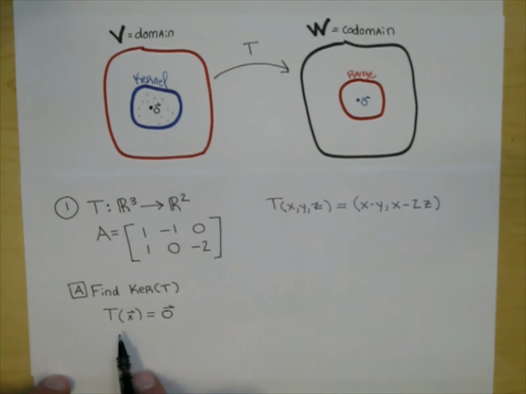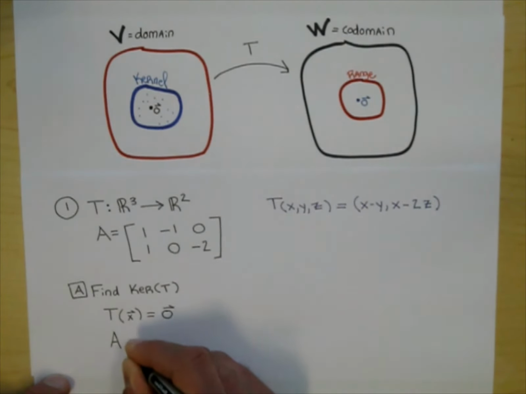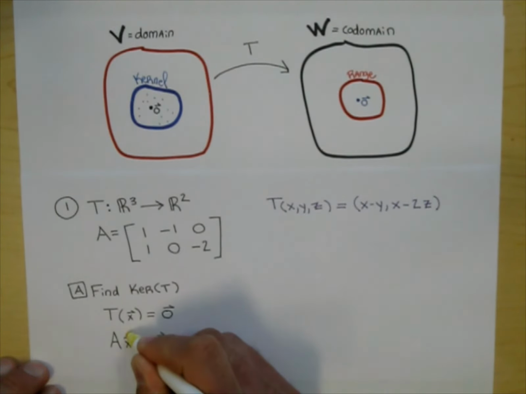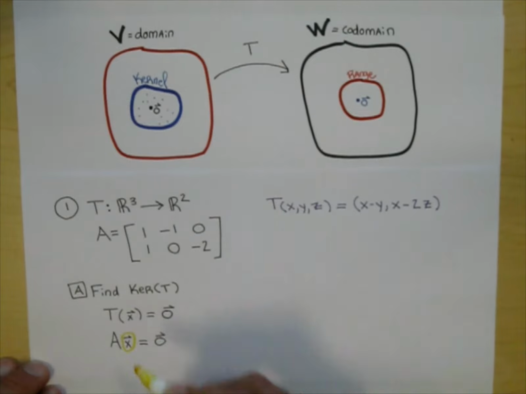So remember, when we have R3 to R2, we can write T of x as A times x. So to find the kernel, we go Ax equals 0. And I'll tell you where the kernel is. Some of you are going to go, oh, you're just being wise with us, but that's the kernel right there.